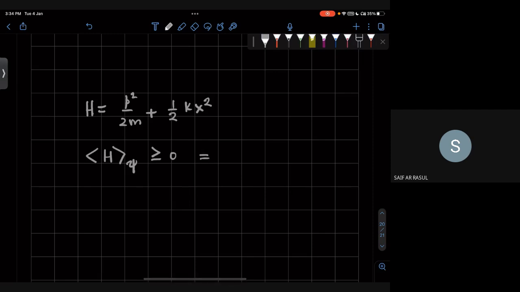And from that, we figured out that all the energy eigenvalues, say H psi_n, using n is a better idea, that's a convention, that all the energy eigenvalues E_n are positive definite.